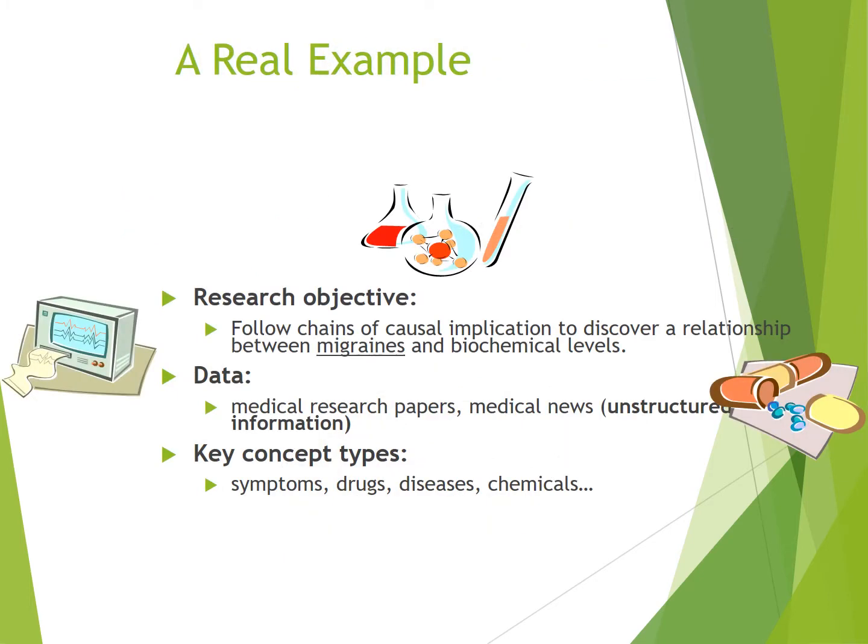Here's a real example, looking at the causal relationship between migraines and the presence of certain biochemical levels in the body. So basically, there's an automated kind of text analysis set of products and processes, if you will, that look at unstructured data that resides in medical research papers, medical news, journals, etc.